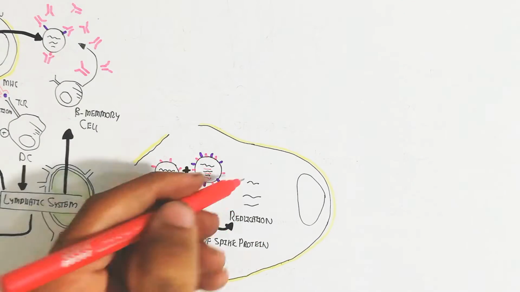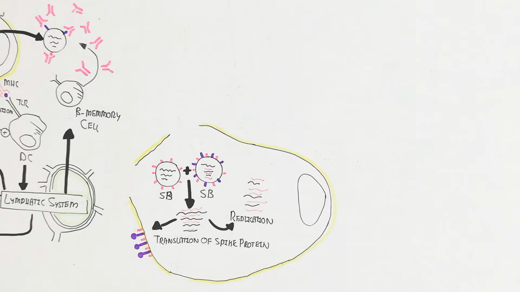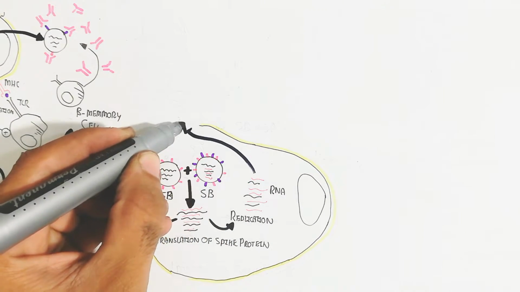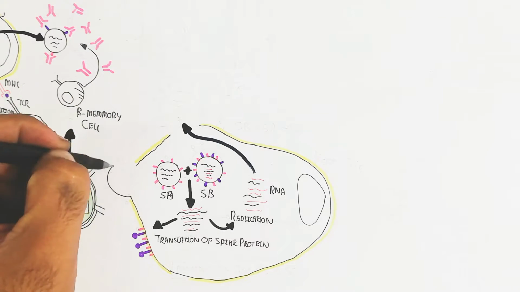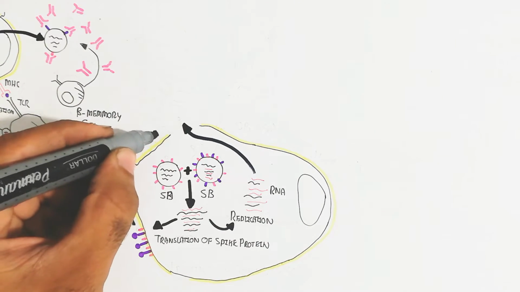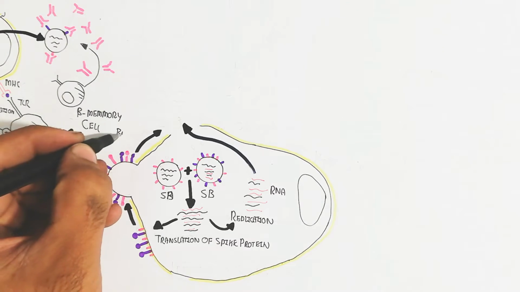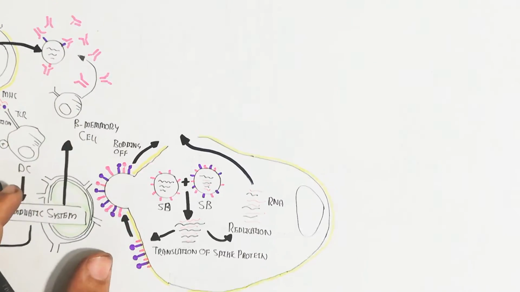The replication will lead to more RNA production as well as protein synthesis, and in this way the spike protein will be synthesized, and the bud of this vesicle will contain two types of spike protein.